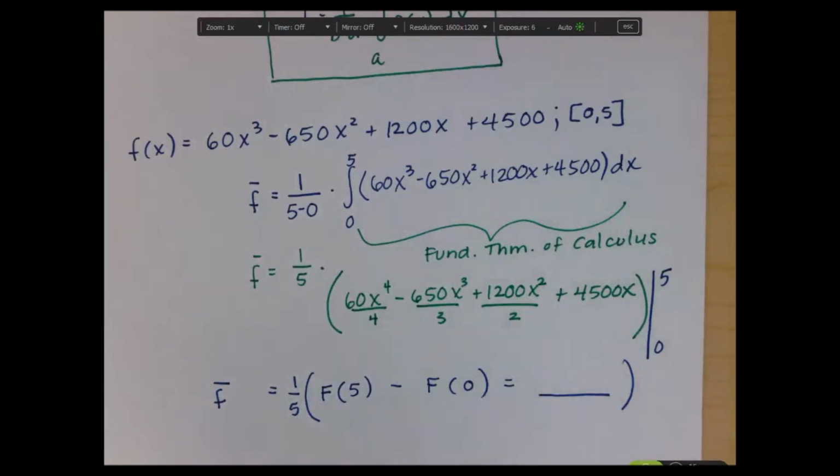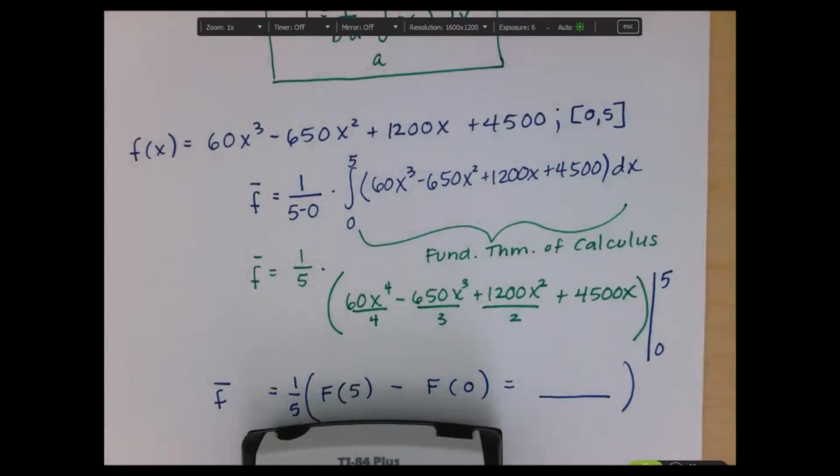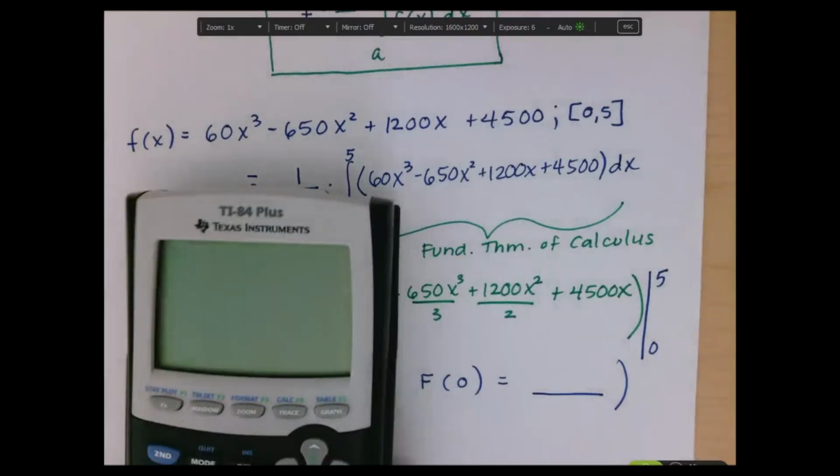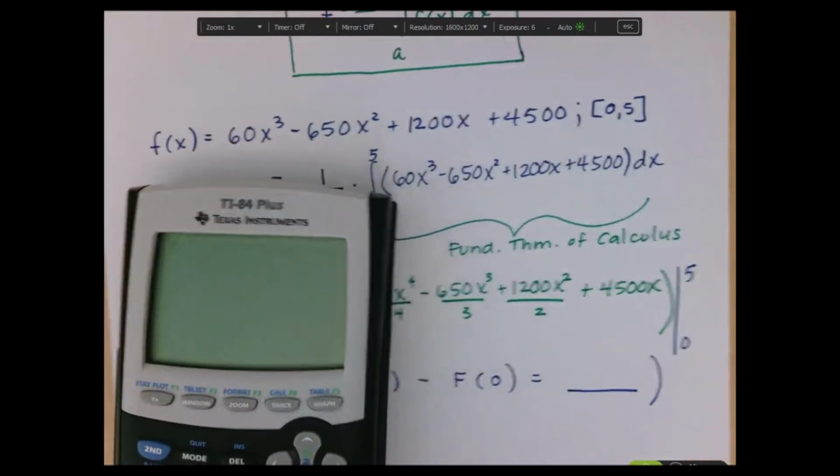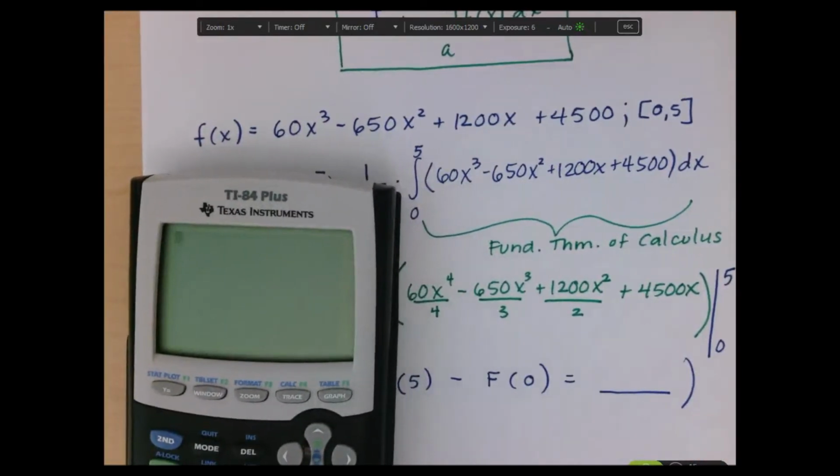So using my calculator, I'm going to plug 5 into my antiderivative. So I've got 60 over 4. Certainly I can reduce that. But 60 over 4 times 5 to the 4th minus 650 over 3 times 5 cubed plus 1200 over 2 times 5 squared.